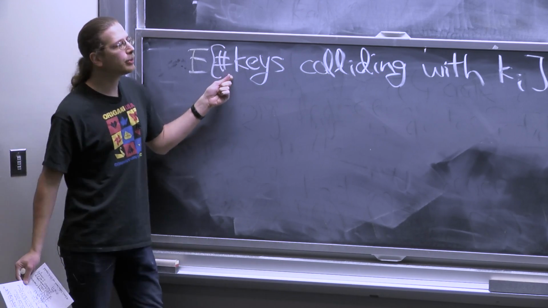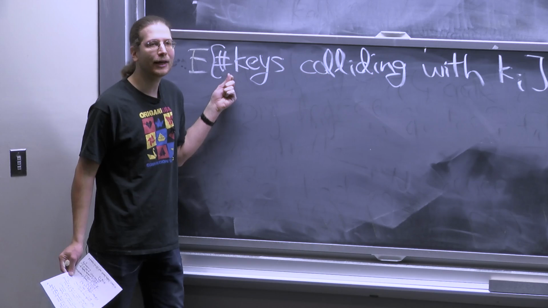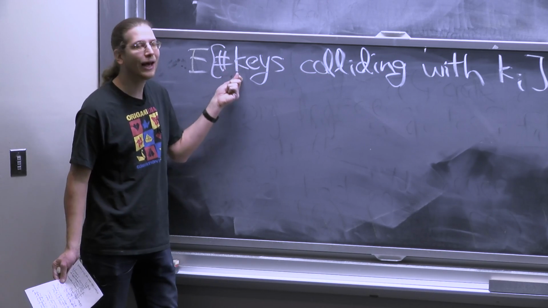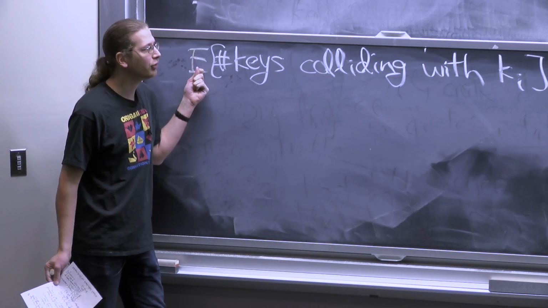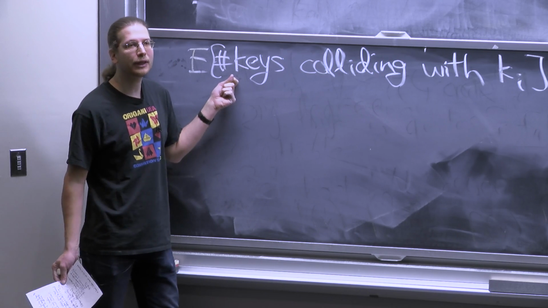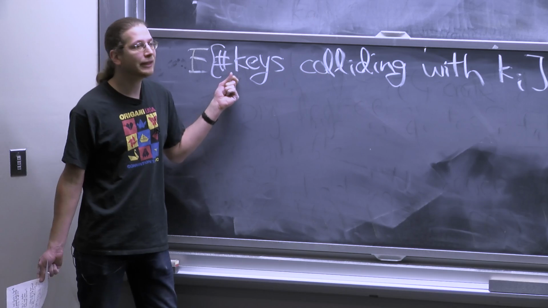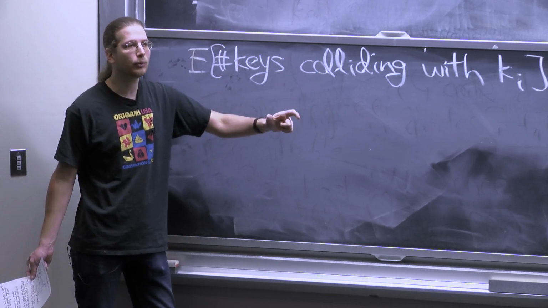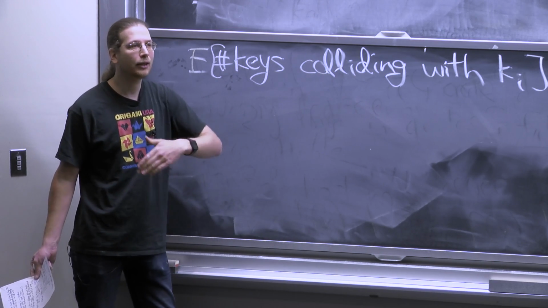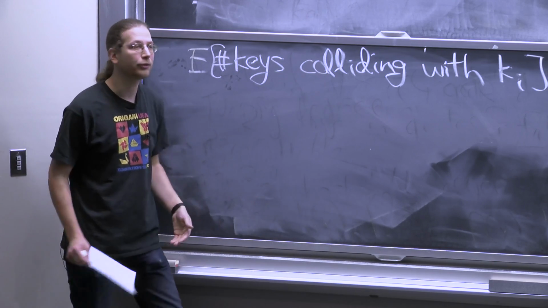Now, the number of keys colliding with Ki, here's a general trick. Whenever you want to count something in expectation, a very helpful tool is indicator random variables. Let's name all of the different events that we want to count, and then we're basically summing those variables.